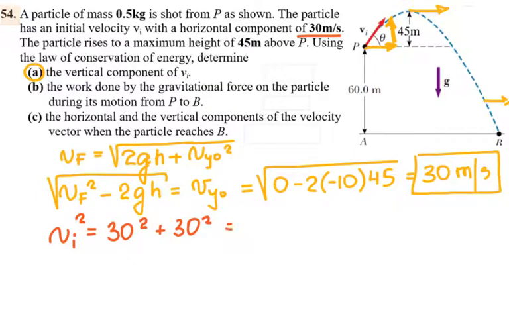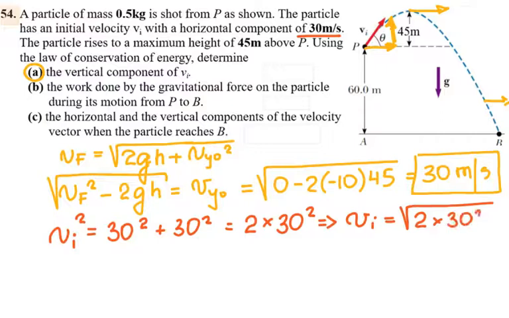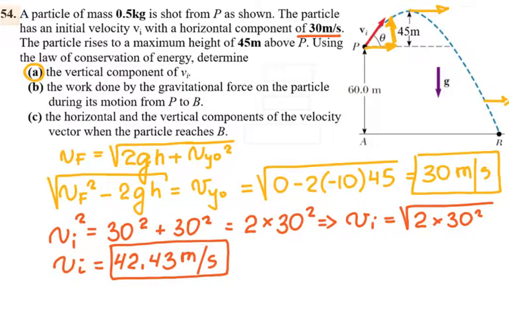So the initial velocity is equal to the square root of 2 times 30 squared, so initial velocity is equal to 42.43 meters per second. And they don't ask you to find this velocity. All they ask you to find is the vertical component. So your vertical component is going to be 30 meters per second.